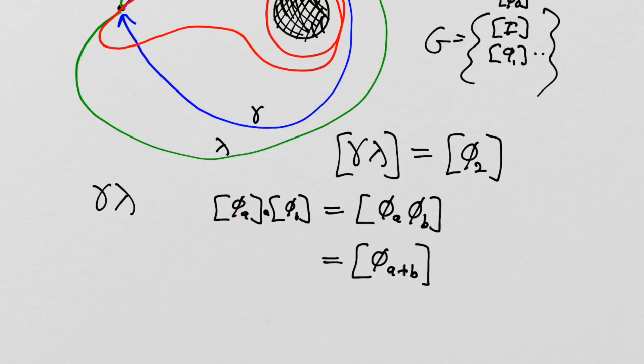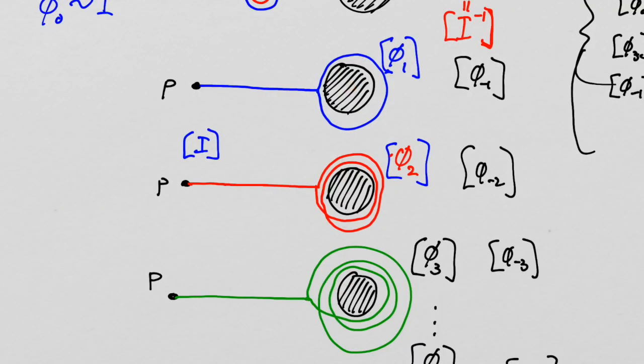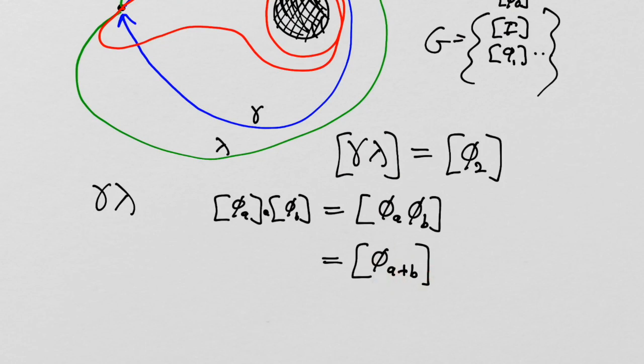I can take any representative of the first equivalence class, any representative of the second, and I can form a representative of the resulting equivalence class. So this is telling me how to combine equivalence classes. And in this particular case, I actually can do it explicitly. This case of the single annulus in a plane, I can explicitly combine them by just adding the subscripts.